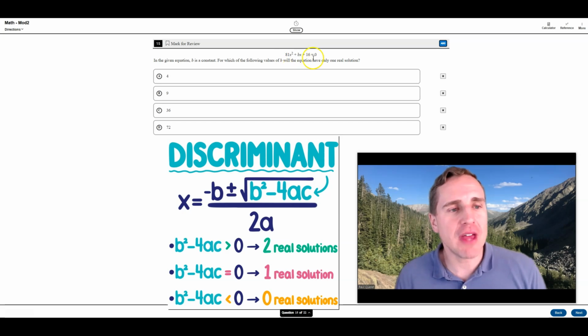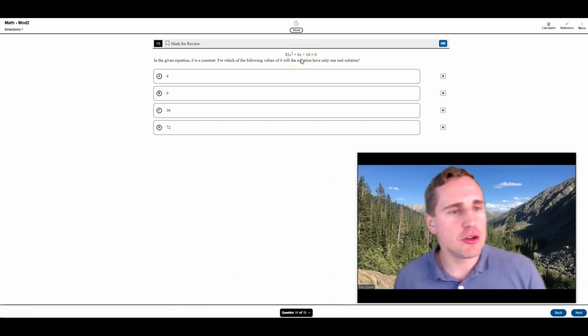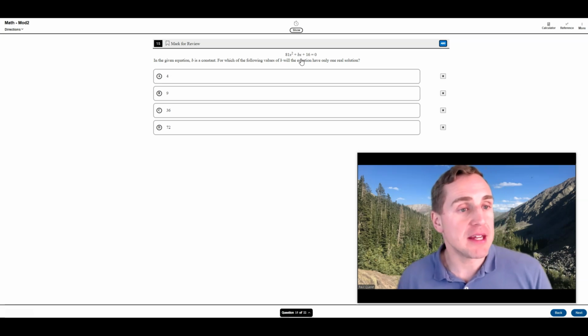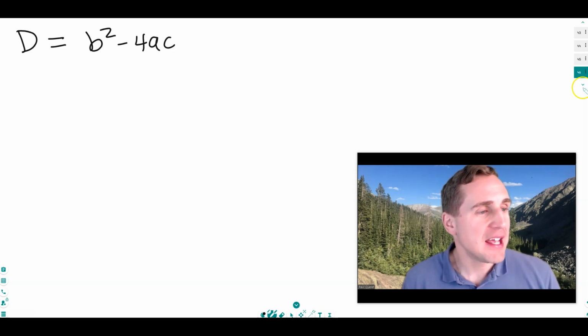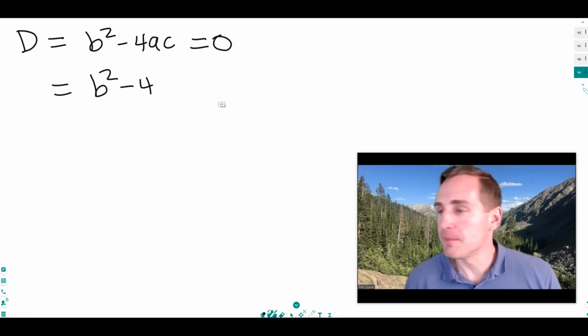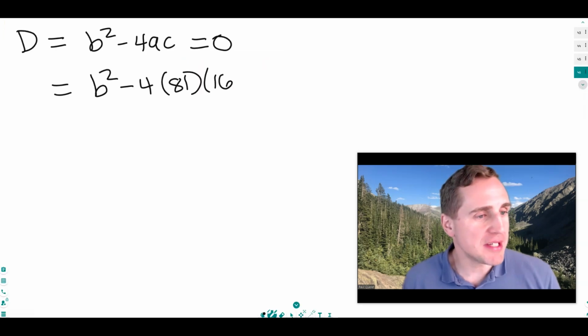So we're going to make sure that this discriminant is exactly equal to 0. So we need to do b squared minus 4ac. So the discriminant, I'm just going to call it capital D, is b squared minus 4ac, and that has to equal 0. So what is that? That's b squared minus 4, and then a is equal to 81 in this case, and c is equal to 16 in this case.